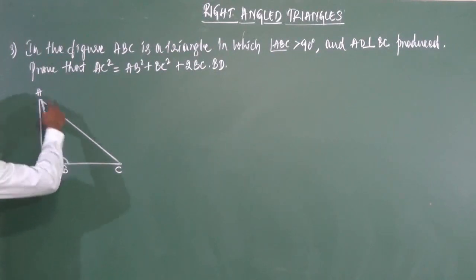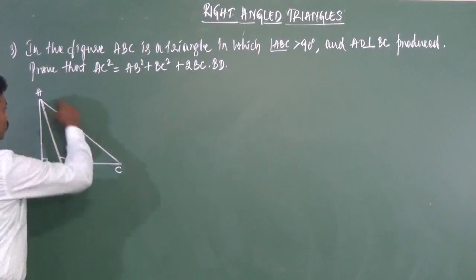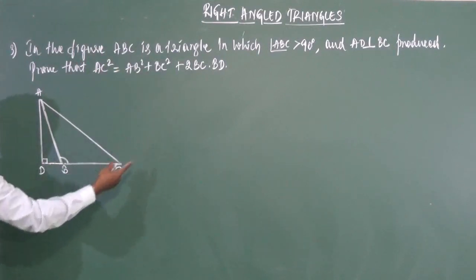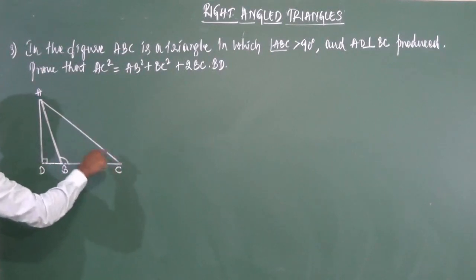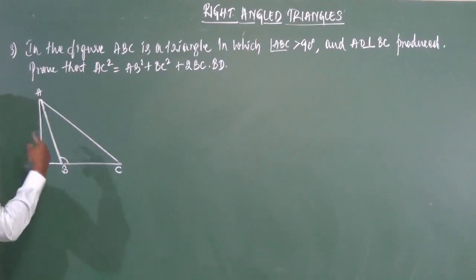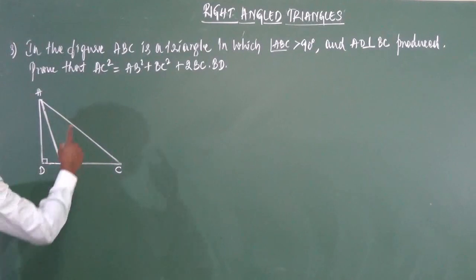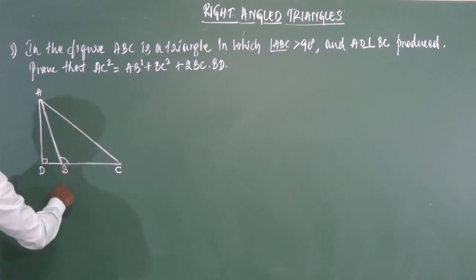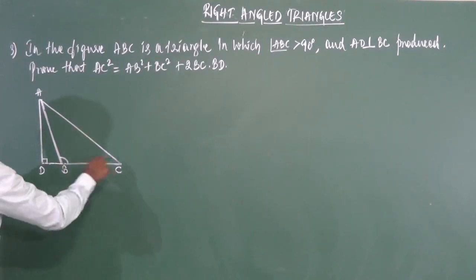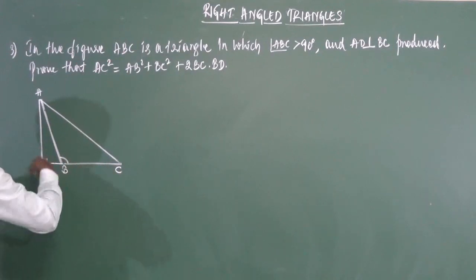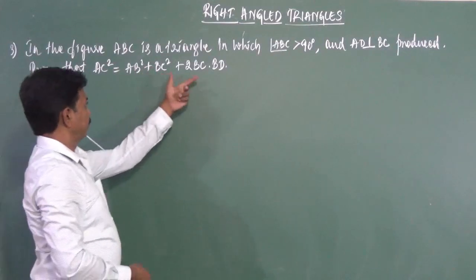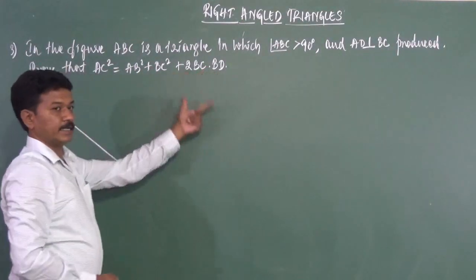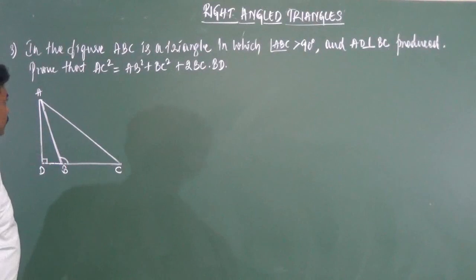Prove that AC square, that is the square on AC, will be equal to the square on AB plus the square on BC plus twice, that is 2 into BC into BD. BC into BD, in the sense making BC the length and BD the breadth, they have constructed a rectangle. So the square on AB plus the square on BC plus the area of this rectangle is to be proved.